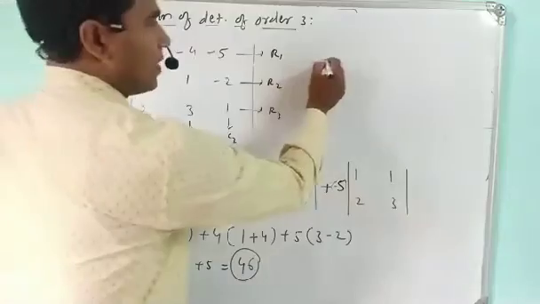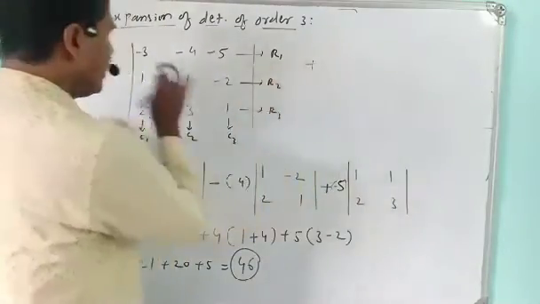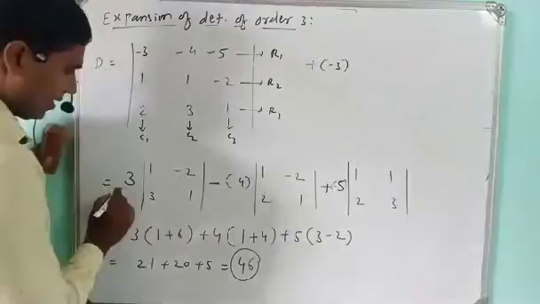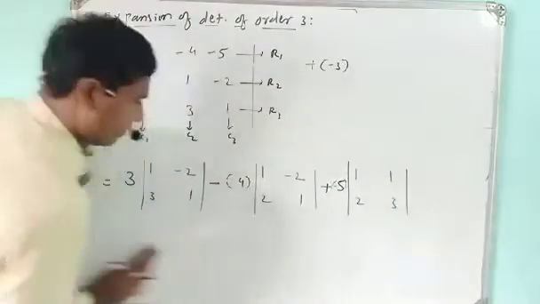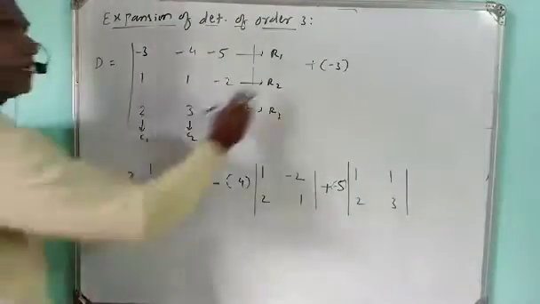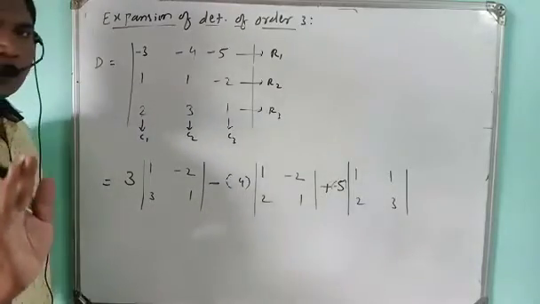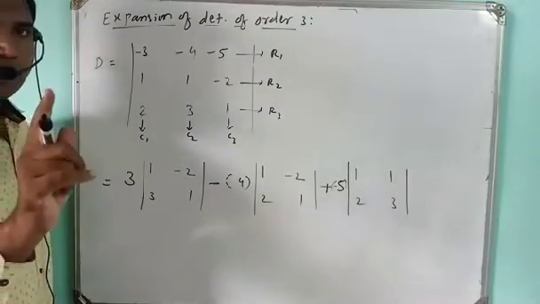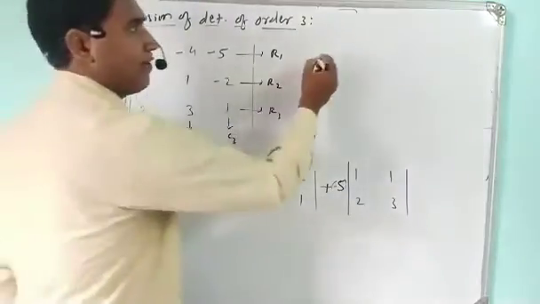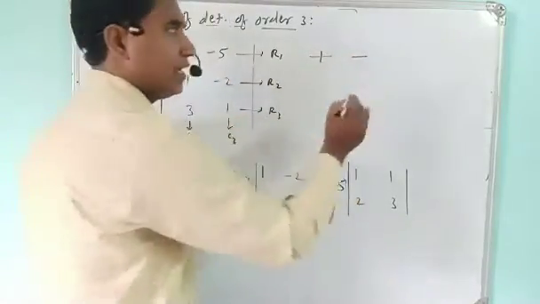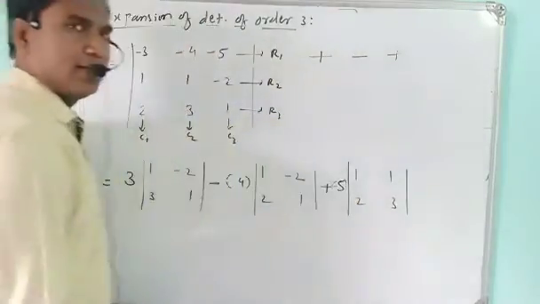By rule the first element is plus but it is minus, so it is minus 3. Same here. See now, we have to expand this one. Suppose this is a determinant given to us. By rule, how to solve the determinant? There is one rule. The elements are taken in this manner: first element plus, second element minus alternately, and third element is plus.